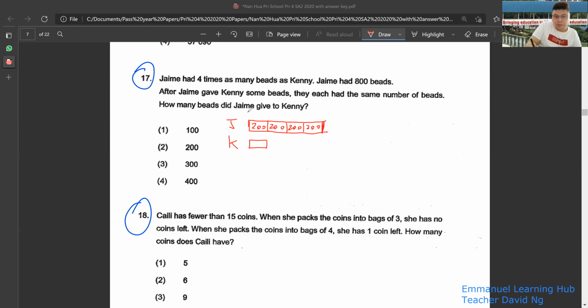Then after Jamie gave Kenny some bits, they each had the same number of bits. So Jamie gave Kenny some bits, and they each have the same number of bits.